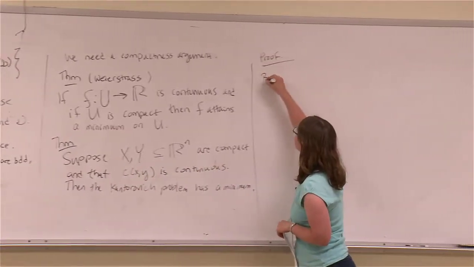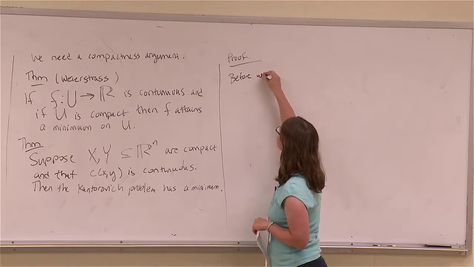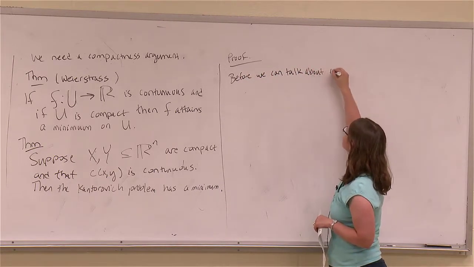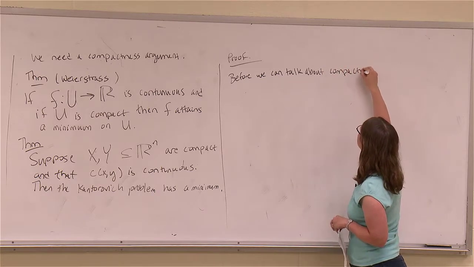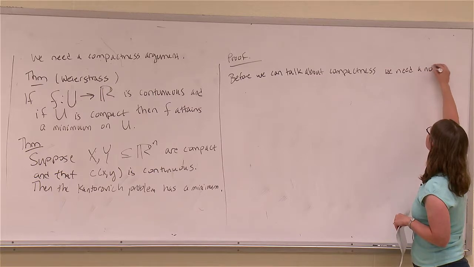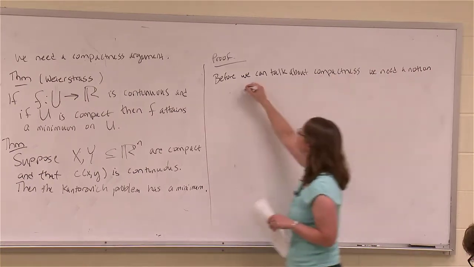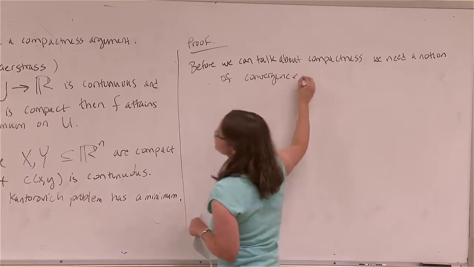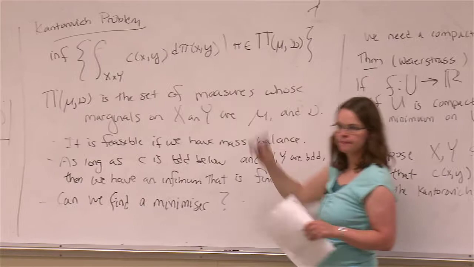So before we can talk about compactness, we need a notion of convergence. We're talking about convergence of measures that live in this set.